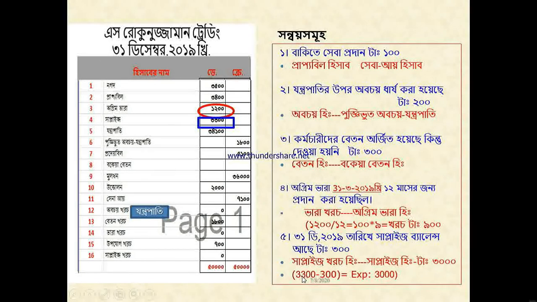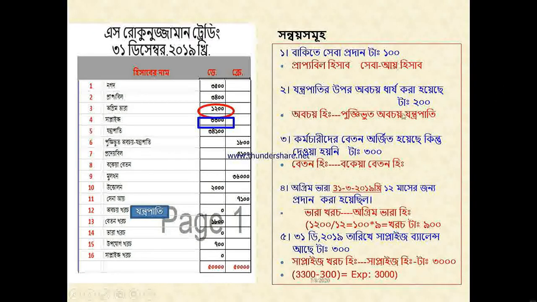So 3,300 minus 300 equals 3,000, which has already been expensed. So supplies expenses will be debit and supplies will be credit. Supplies expenses is an expense and supplies is an asset. So all expenses and losses will be debit, and if any asset decreases, it will be credit.